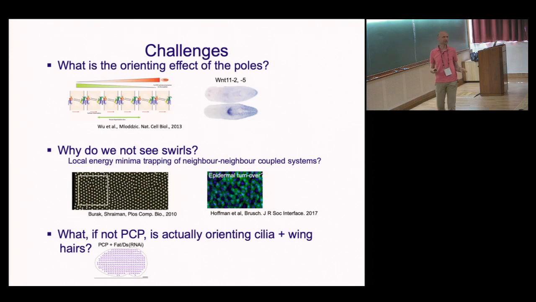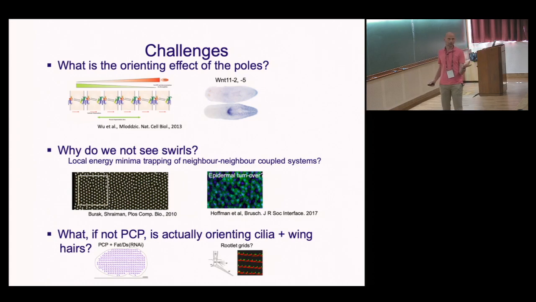And this then, of course, raises the question of what this other polarity process is. And to my mind, this is a completely open question. What we are thinking about now is that maybe the ciliary rootlets or the wing hairs in Drosophila, rather than passively aligning to the PCP field generated by the polarity machineries, are actually generating the polarity themselves.